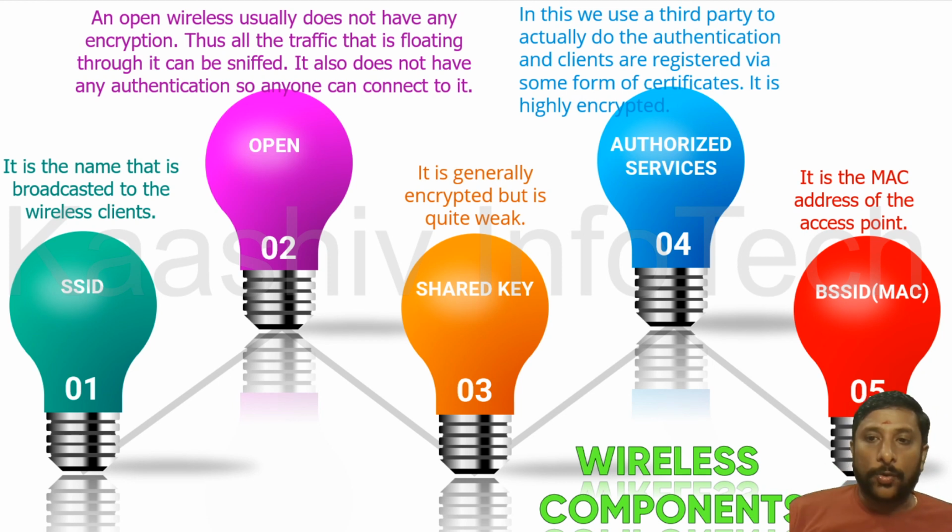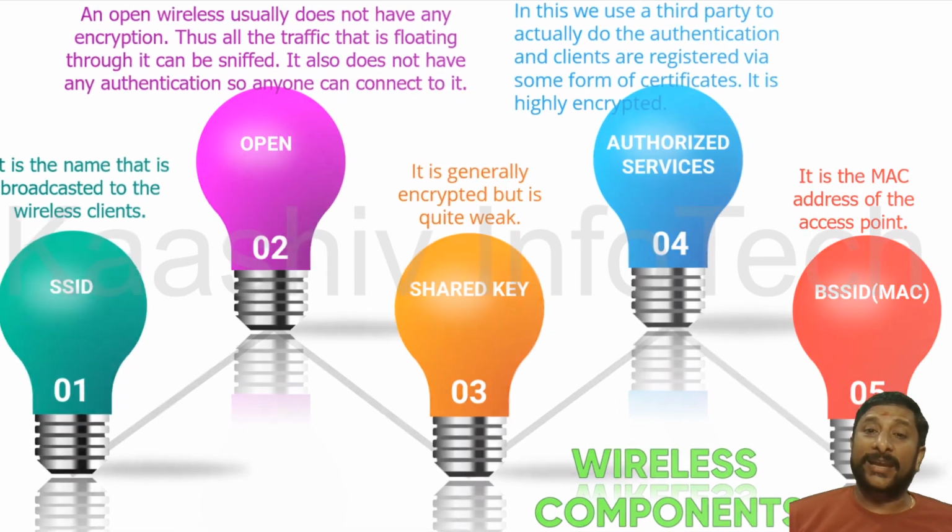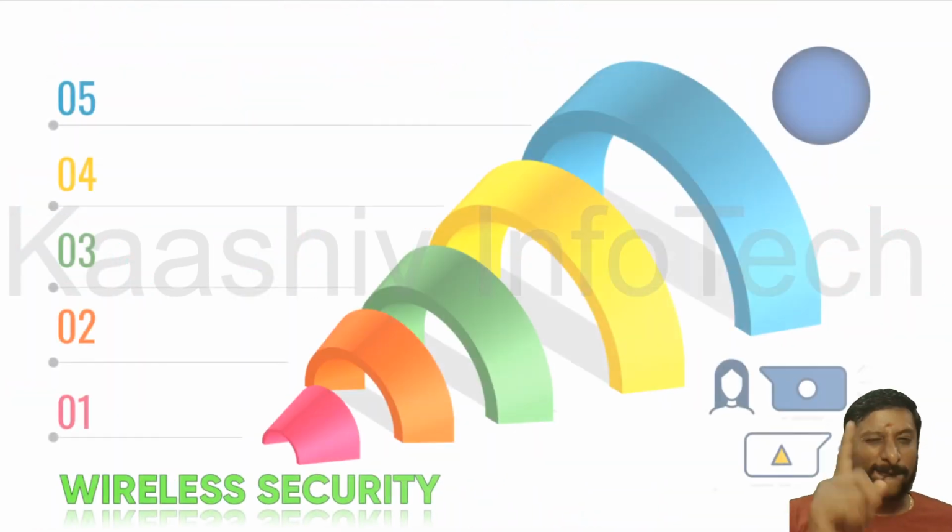Similarly, a router or a modem will have this BSSID. If there is no password, it is open. If there is a password, it is encrypted. If the password is very weak, then it is called a shared key. And if a third party is authenticating it, then it is called authorized services. So these are the key terminologies and components of wireless.